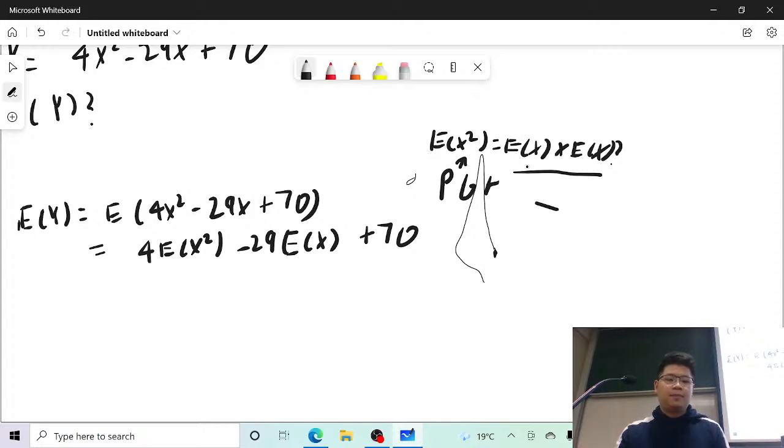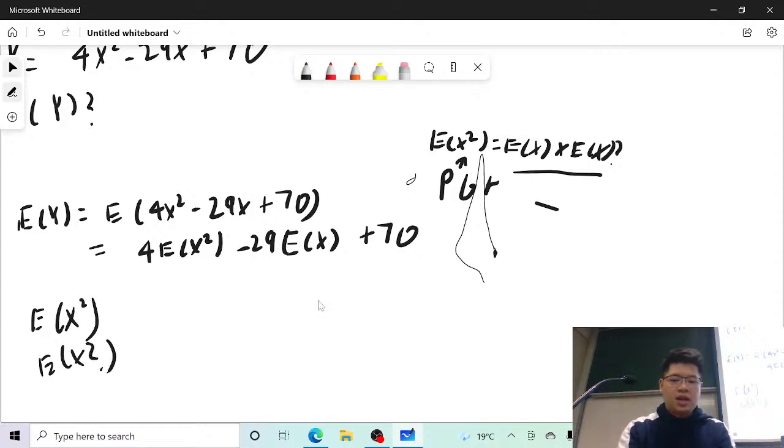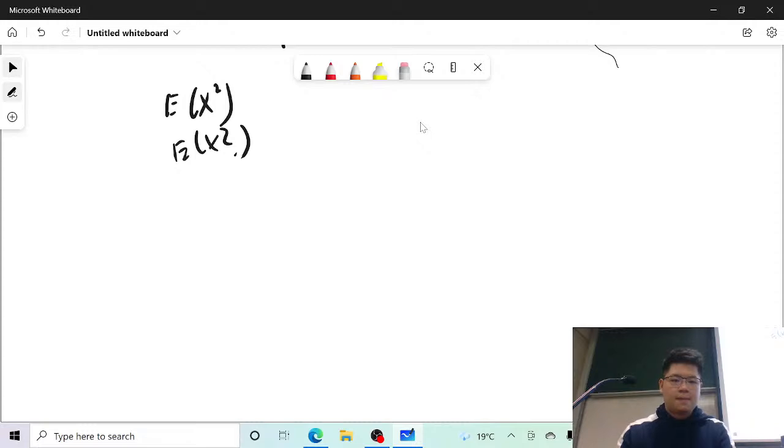So that's step one. Step two is figuring out what E[x squared] is and what E[x] is. We'll start with E[x] first. Recall that our normal distribution was 5 and 2.